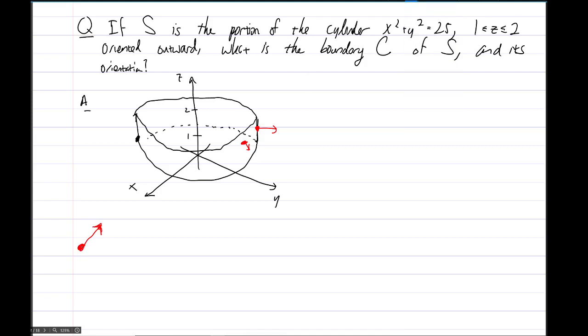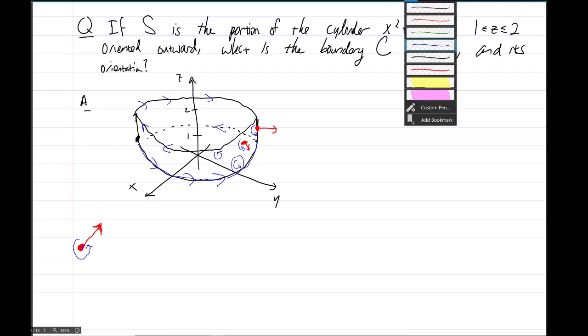There should be an arrow for compatibility that goes counterclockwise should this thing be pointing at us. And so we should have an orientation that looks like this, meaning the circle on the bottom should be oriented this way, whereas the circle on the top should be oriented that way.